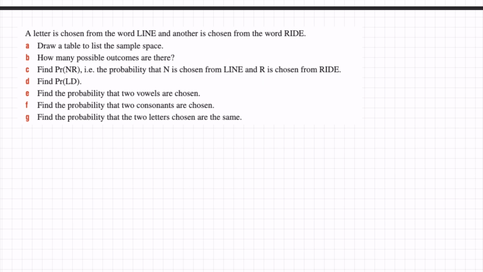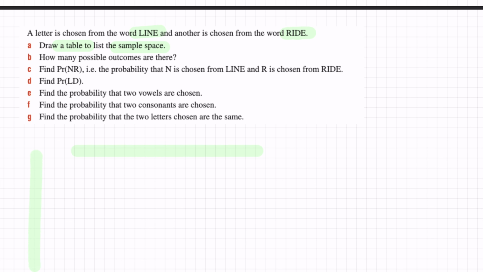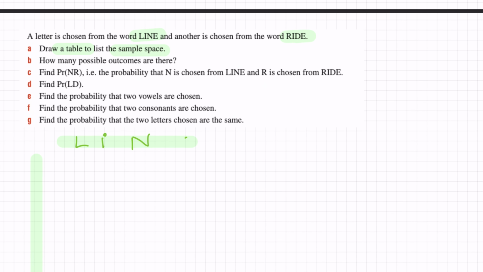Alright. A letter is chosen from the word LINE and another is chosen from the word RIDE. A. Draw a table, leave the symbol space. Again, I want a table with the word LINE here and the word RIDE here. Combine them together, one horizontal, one vertical, it doesn't matter. So that one should be LINE and that one should be RIDE.